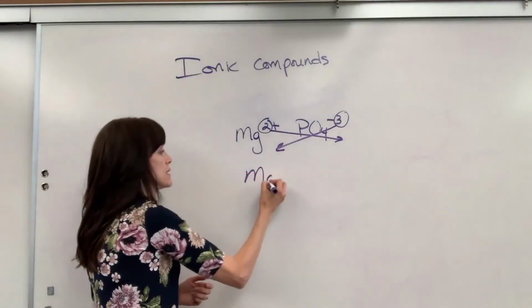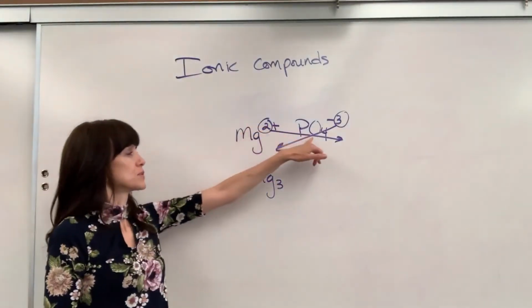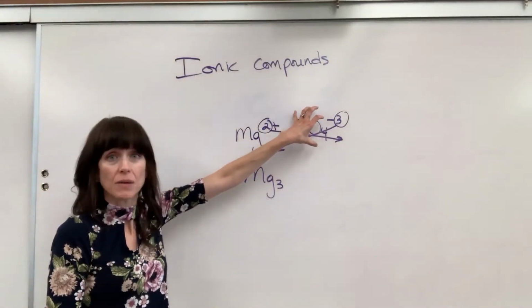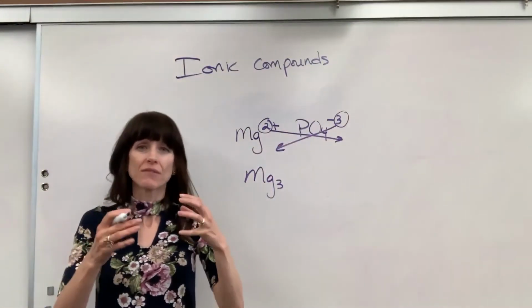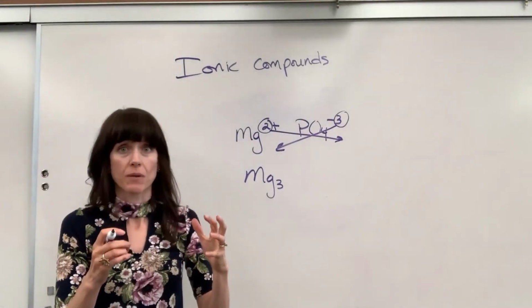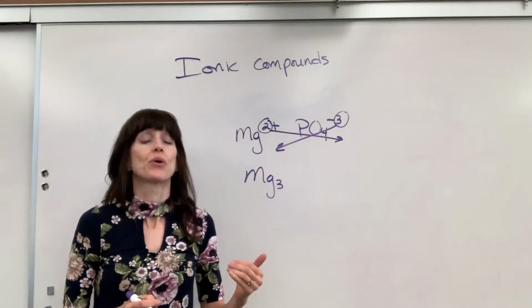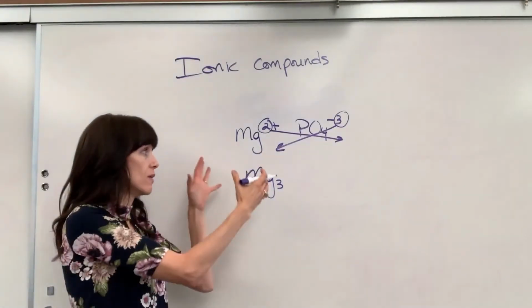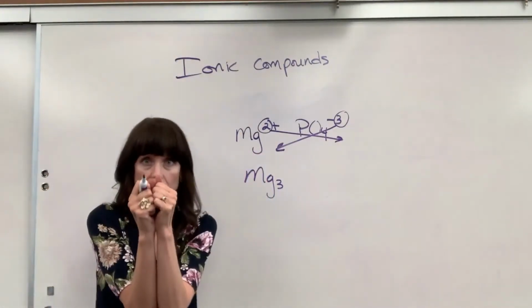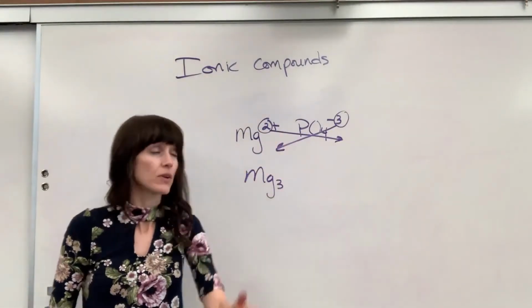So the magnesium gets a subscript 3, and that 2 subscript goes to the entire polyatomic. And that polyatomic, think of it as one group that holds together, that you're not going to be able to break apart. It does a different type of bonding called covalent bonding, and we're right now putting together ionic bonds, charges. So that 2 goes to the whole phosphate group.